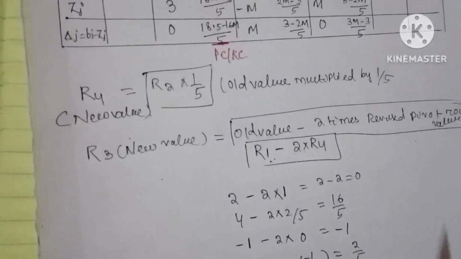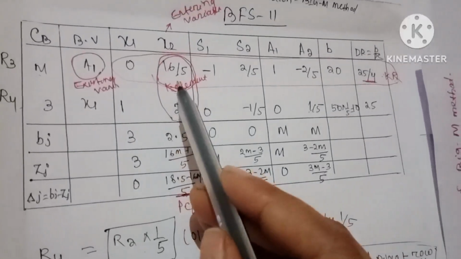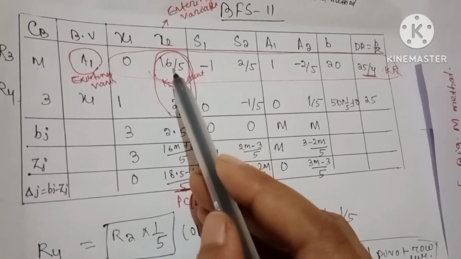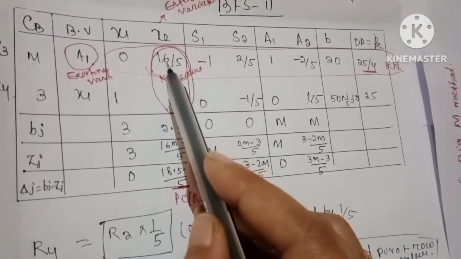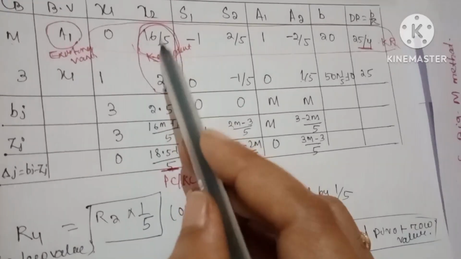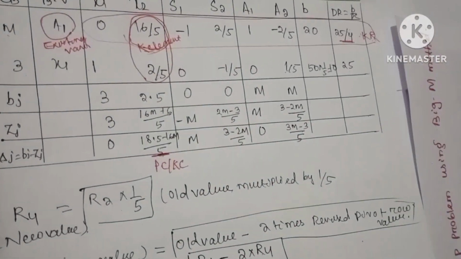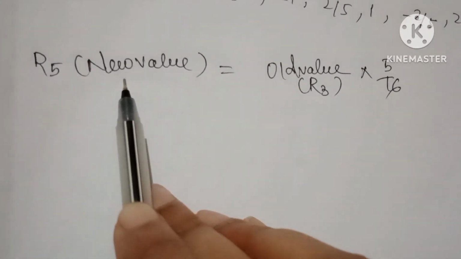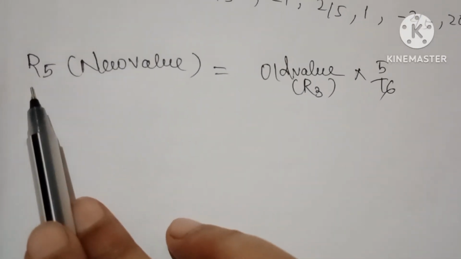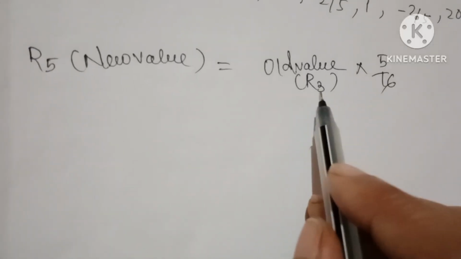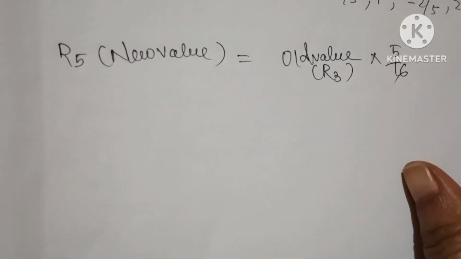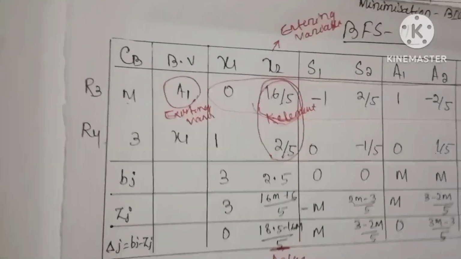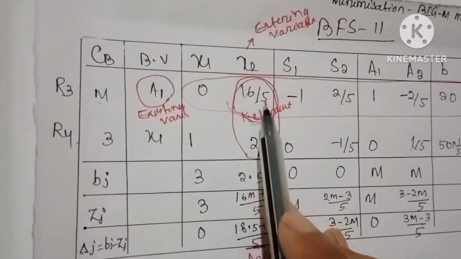For R5, this element should be 1 because this is the key element, and we have to convert this into 1. So what is the formula? This is the formula to find the new values of row 5. This is the old value multiplied by 5 by 16, because here there is 16 by 5.